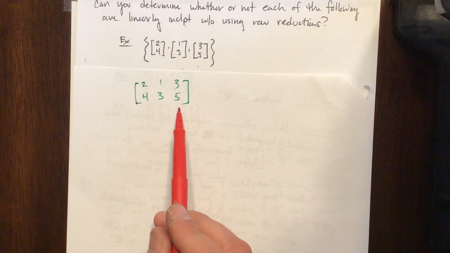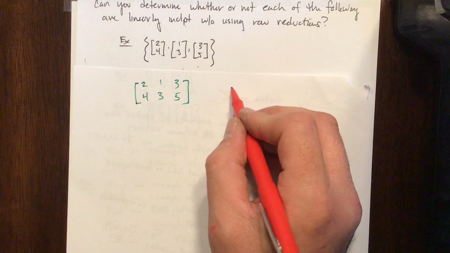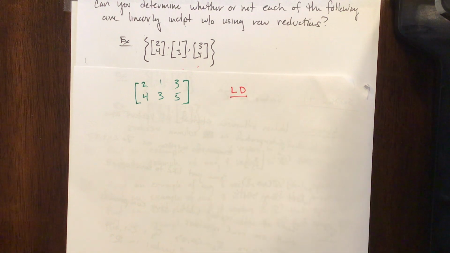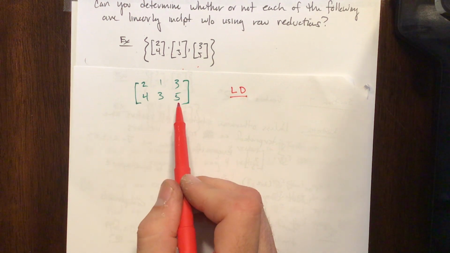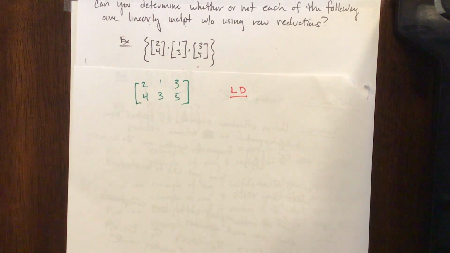So without doing any work, I know this set is linearly dependent, because the most number of pivots I can have for a 2 by 3 matrix is 2. The most number of pivots I can have for a 3 by 2 matrix is also 2, and therefore not every column can have a pivot. If not every column can have a pivot, then one of these vectors is redundant, therefore linearly dependent.